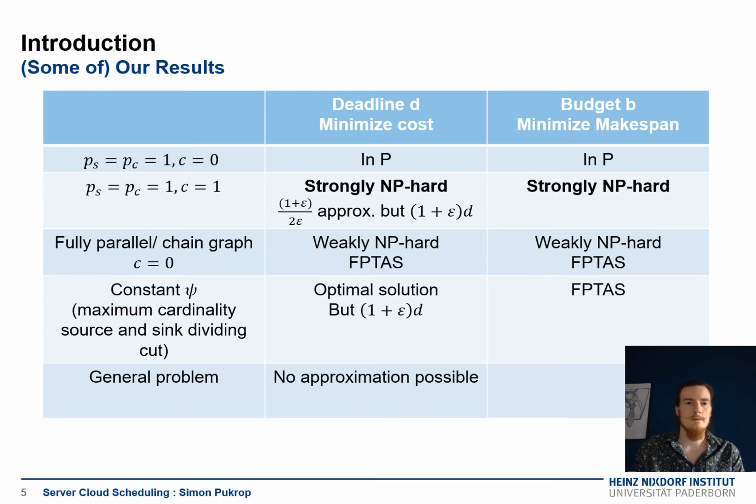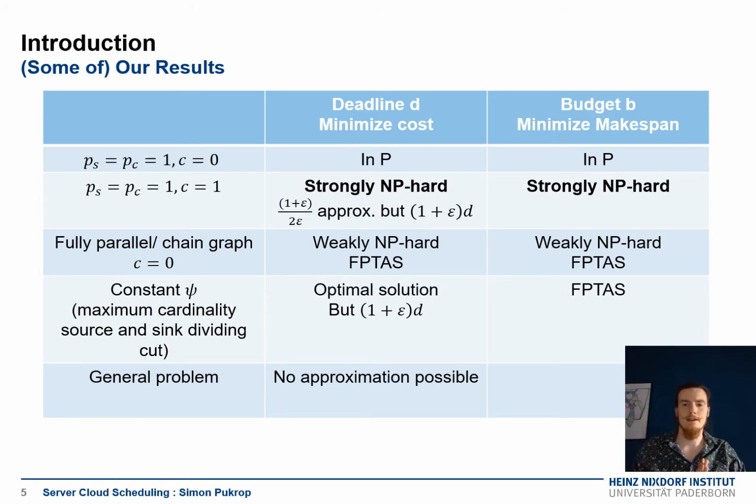Okay, then we moved to arbitrary processing times, arbitrary communication delays, and more or less arbitrary task graphs. What we have here is a constant maximum cardinality source and sink dividing cut. So what is this? Let's imagine that you have the task graph here, and you have your source and your sink.